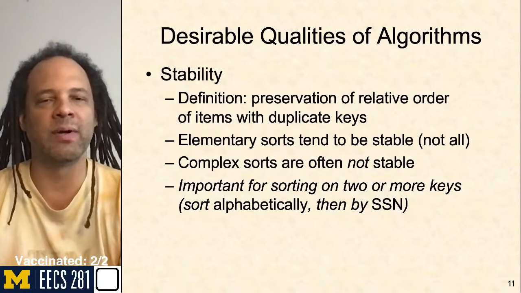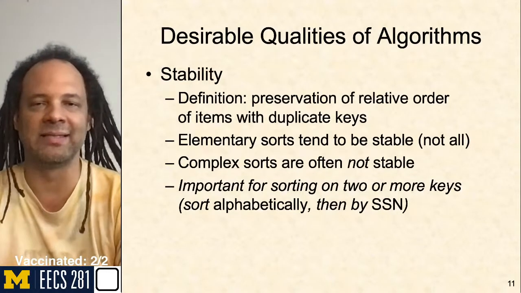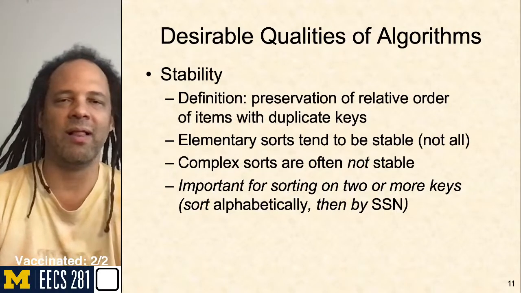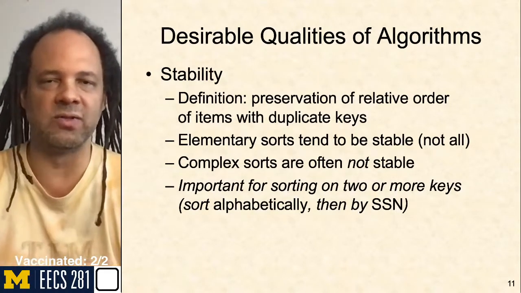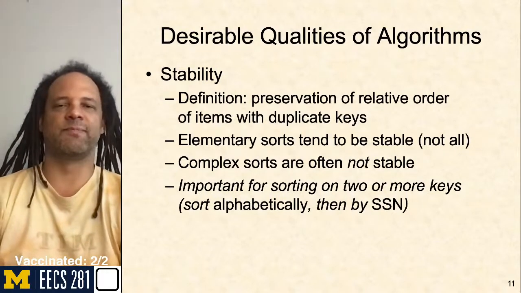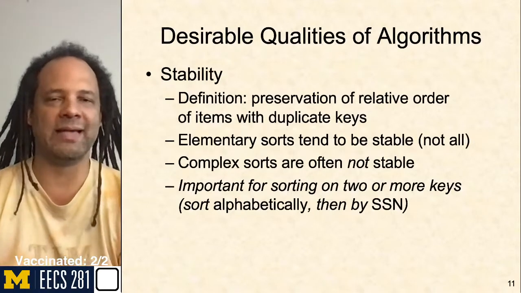And why that's important is sometimes when we've got 2-level sorts, so I want to sort first by last name, then by first name. Well, if I don't respect that previous sort, then first I sort by last name, and then as I go to sort things by first name, I scramble all the last name sorts.